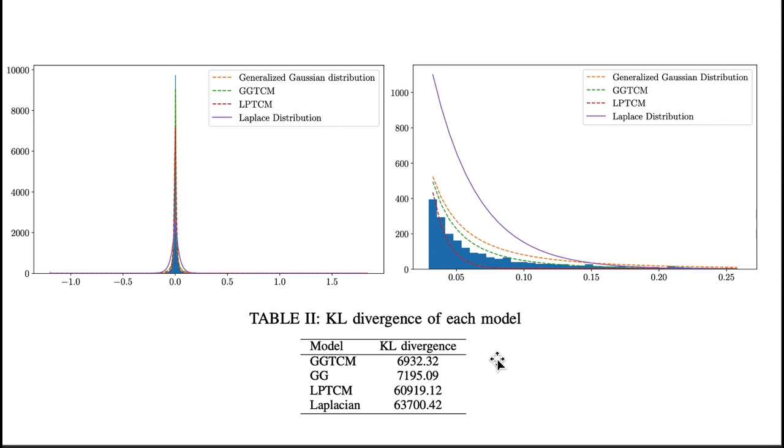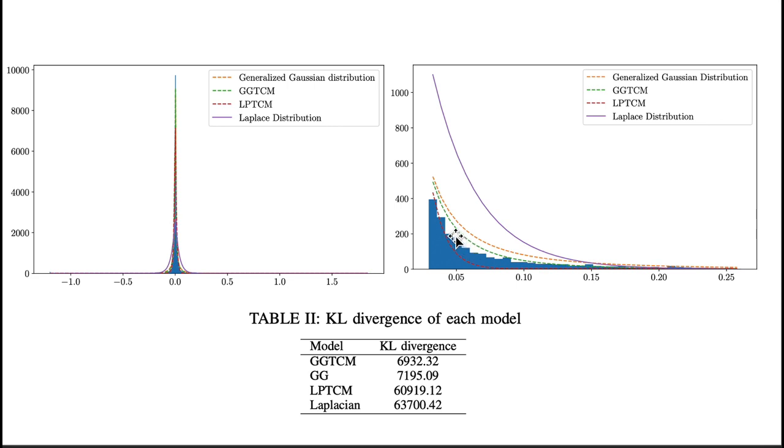From this figure, it is quite clear that the GGTCM fits the DCT coefficients of the adversarial perturbation crafted by CW.